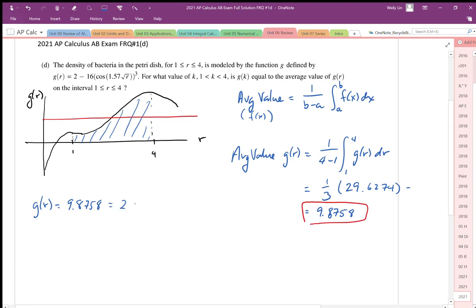We could solve this algebraically really, but we're just going to plug it into our calculator. We could solve for k because we can just undo this entire equation. There's nothing really complicated about this. We just need to undo with plus and divide, cube root, arc cos, divide again, and then squared.